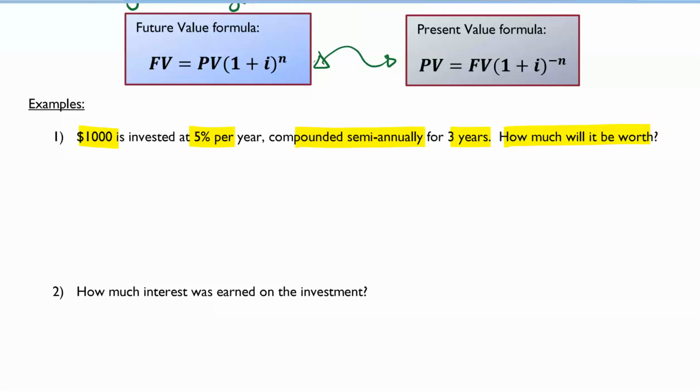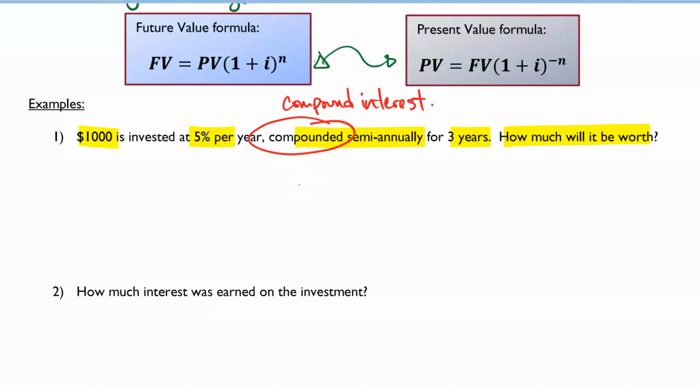The first thing is when you see the word compounded, this means you're going to be using one of these 2 compound interest formulas, okay? It has to be compound interest, because you see the word compounded, that's already telling you it's going to be a compound interest formula.